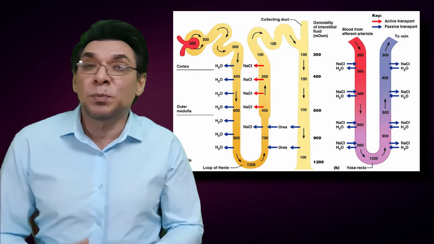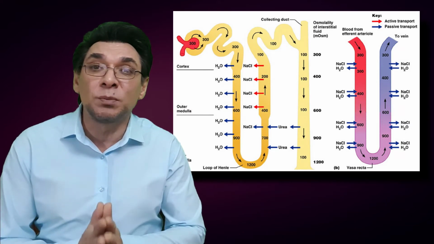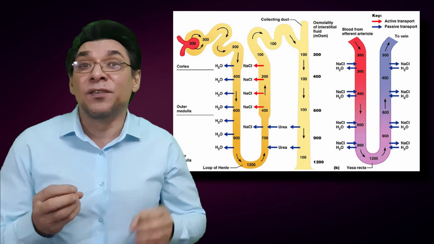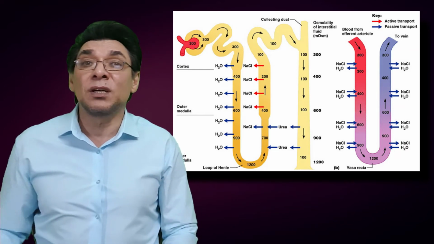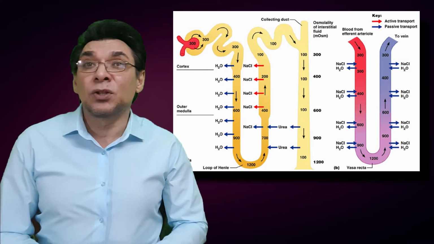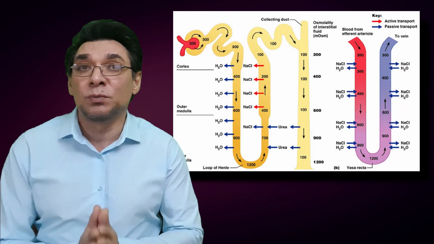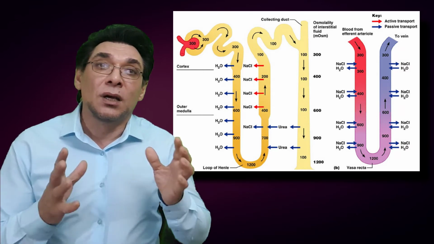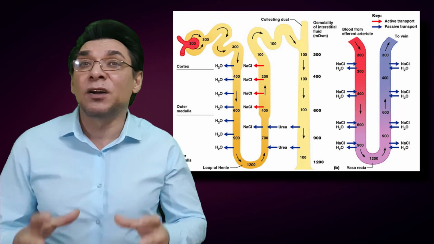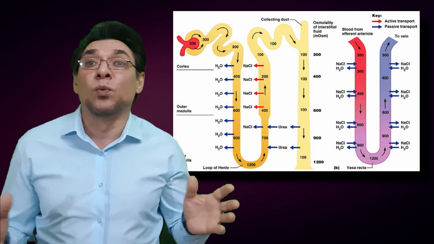The reabsorbed water and solutes from the distal convoluted tubule enter the peritubular capillaries and the vasa recta from the collecting ducts. The reabsorption of water and solutes from the distal convoluted tubule and collecting duct is controlled by hormones, which have a great influence on urine concentration and volume.